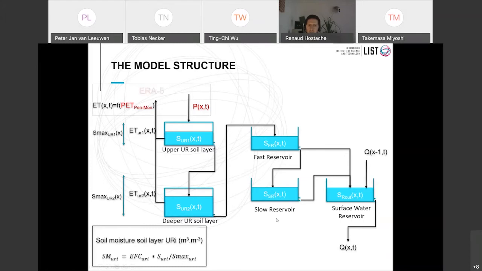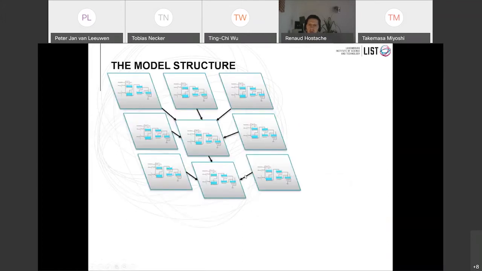This model uses ERA5 as atmospheric forcing and is distributed in space, meaning that the structure I just showed is repeated over each cell of the model. In this study, the cell size is aligned with that of the ERA5 grid.